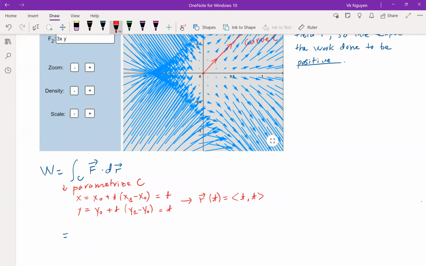Make sure that you know that when you do this kind of parameterization, t is always between 0 and 1, which makes life very simple. 0 to 1.